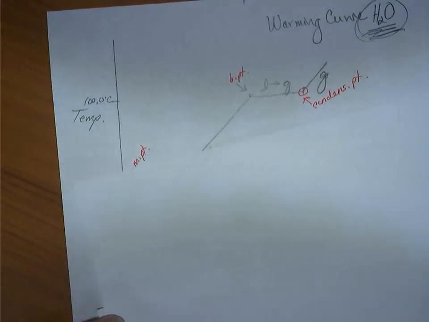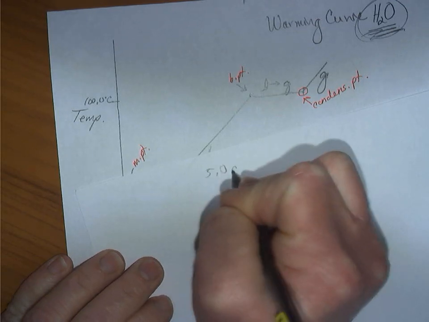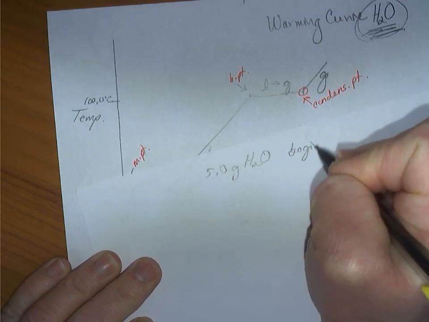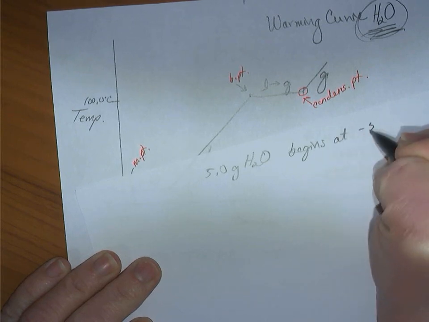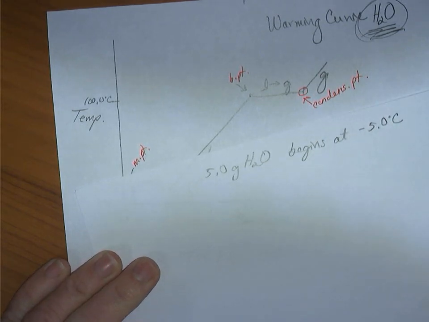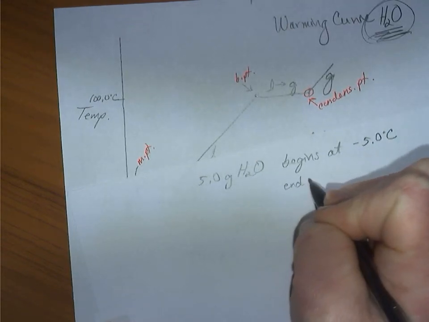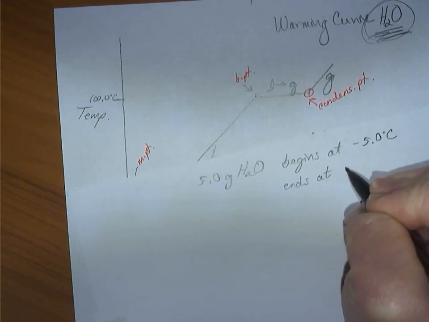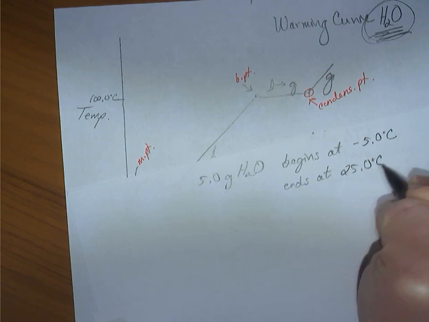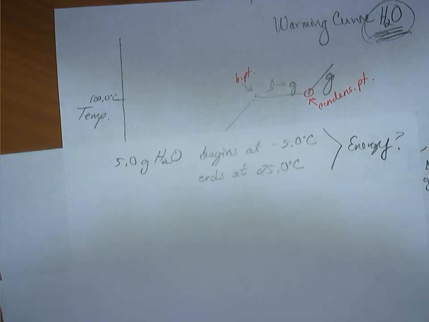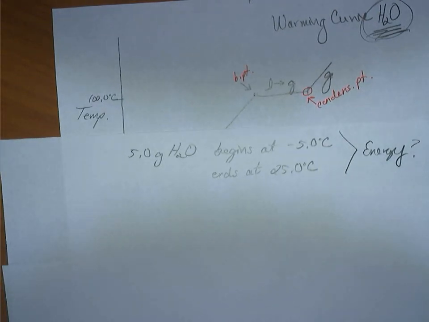What if we have 5 grams of water that begins at -5 degrees Celsius, and we want to take it, let's say, to room temperature, 25 degrees Celsius. What is the energy that we would need to invest to accomplish that?